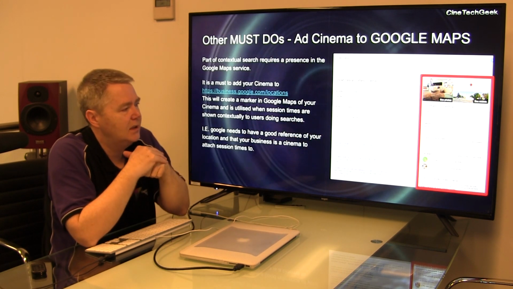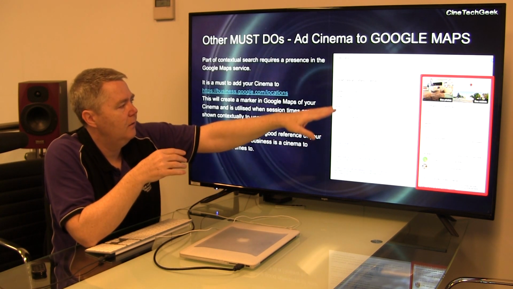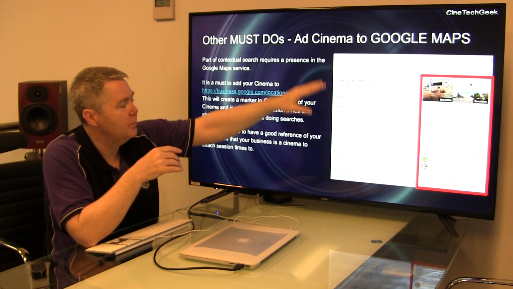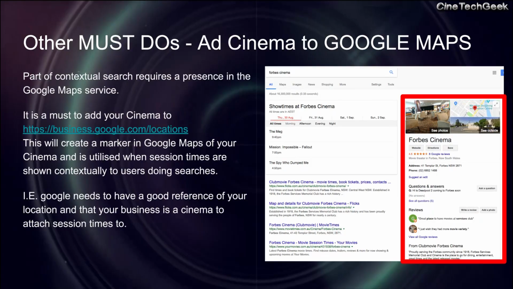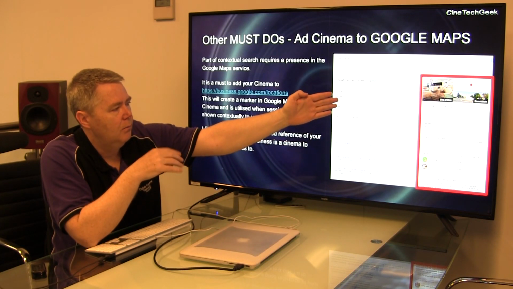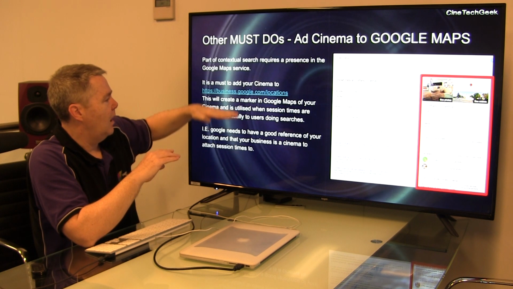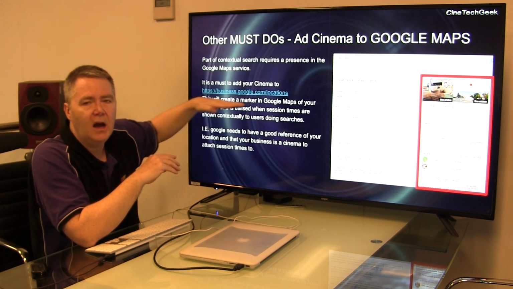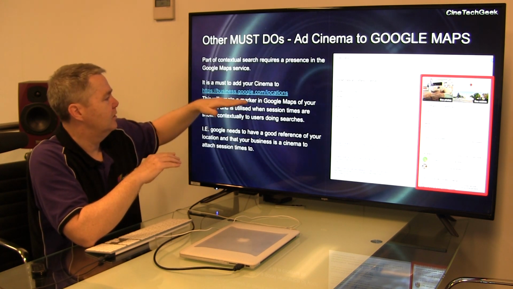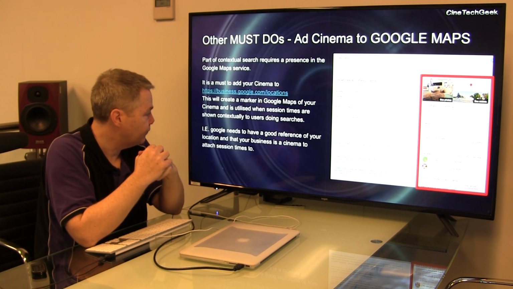This is one of my cinemas here where I've programmed it. If you type the name Forbes Cinema, it comes up with that location, some session times for that location because it's part of its knowledge graph, and on the side there it's got pictures and other bits and pieces, and that's coming from adding your data into this part of Google, business.google.com/locations.